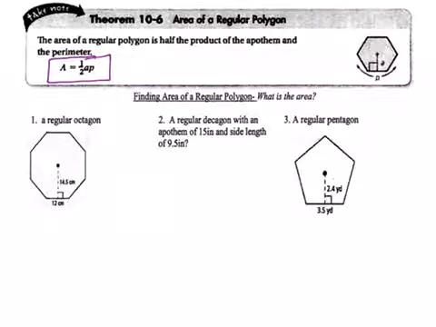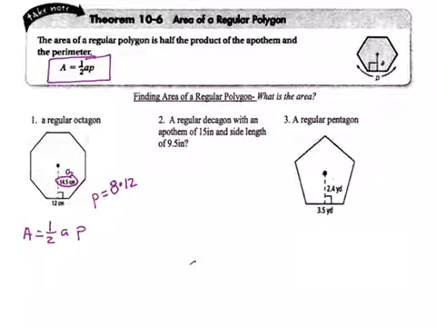So first problem we have here is a regular octagon, and we're looking for the area of a regular octagon. So they provide us with this measurement here, which is the apothem. So 14.5 is the apothem. So our area formula is 1/2 apothem times perimeter. Well, to find the perimeter of an octagon, we're going to take the number of sides times the length of each side.